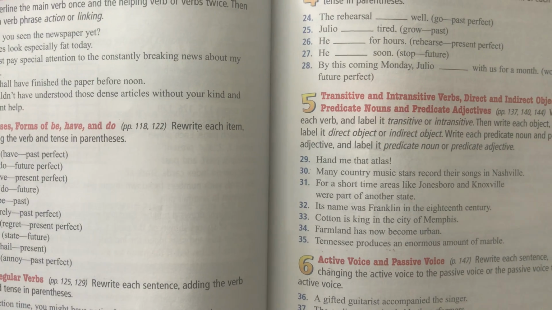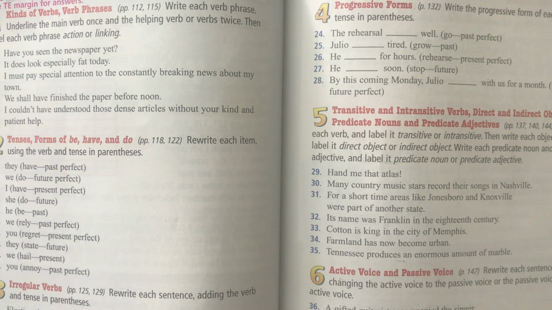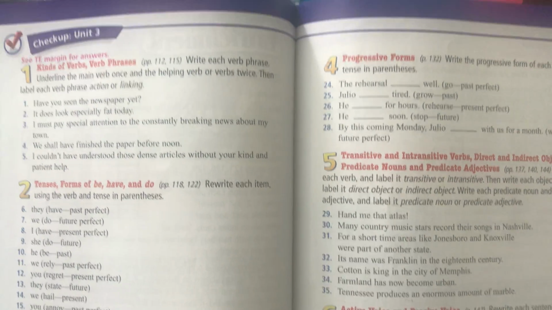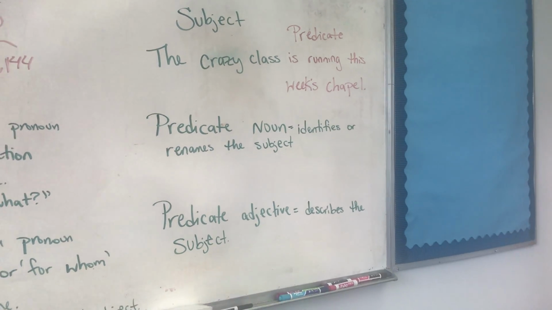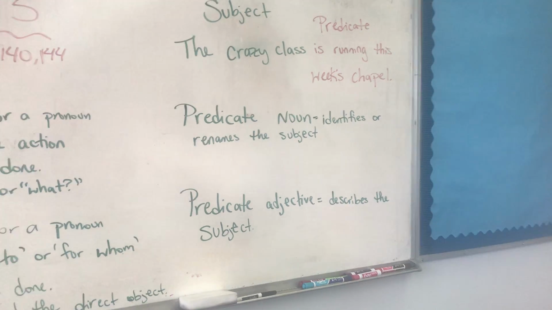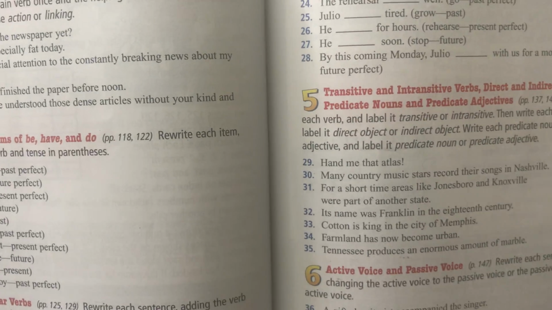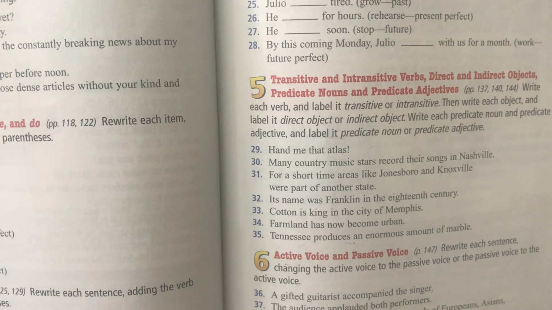So we're at 32. And if we need to refer back to our definitions, a predicate noun identifies or renames the subject. A predicate adjective describes the subject. So let's identify the subject. So for 32, its name was Franklin in the 18th century.